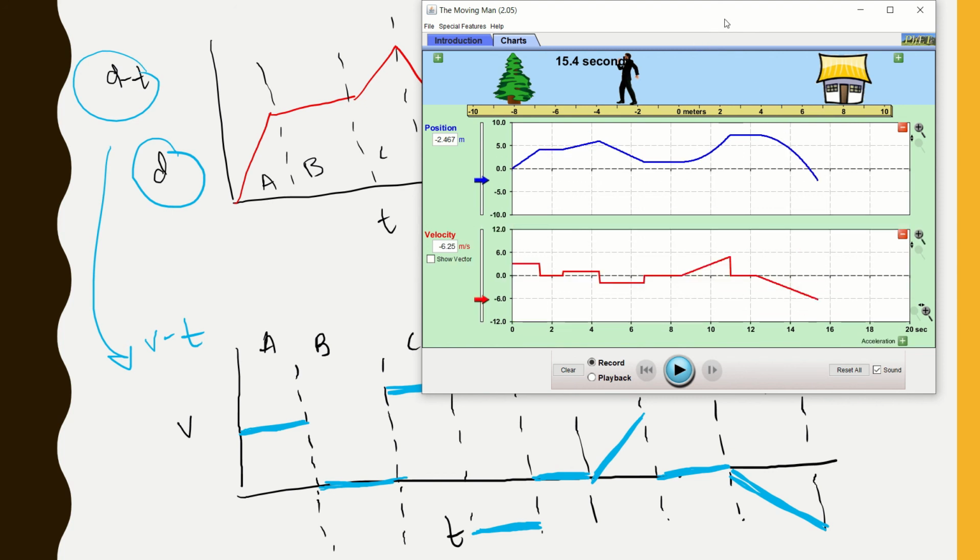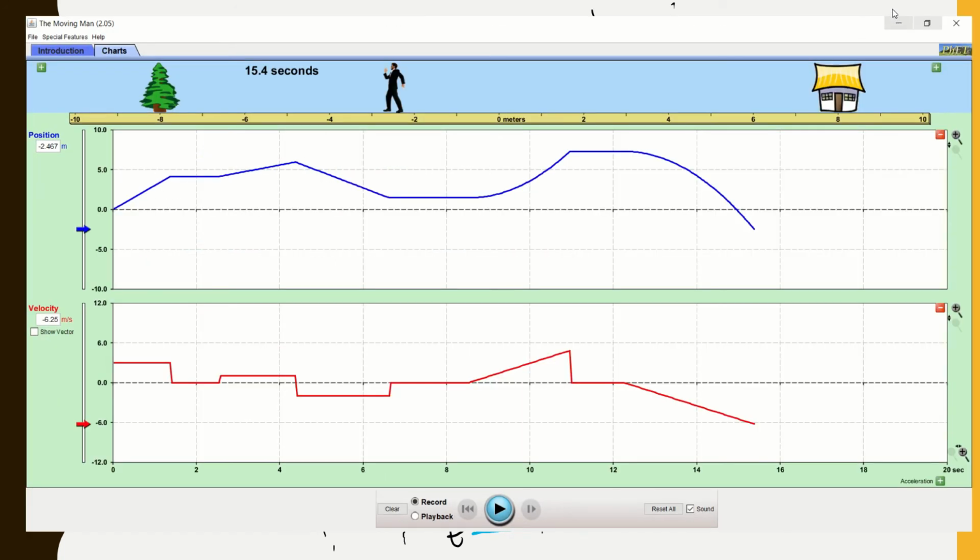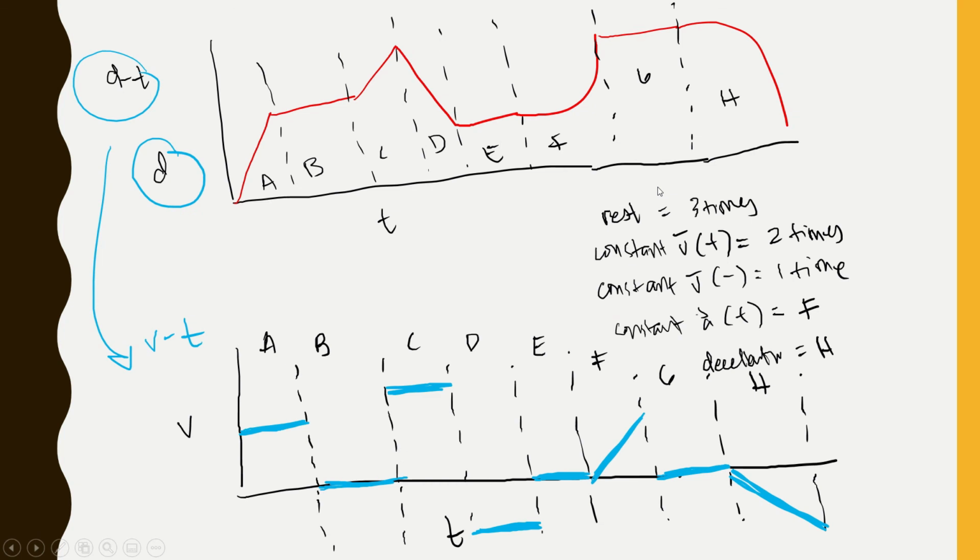Ito lang dalawa. So, it still agrees with the graph that I made you, except for this one, nasa baba pala dapat ito kasi it's a lower value. I assumed na mas mataas siya. Pero you can see, it's still the same because you can represent a distance time graph in terms of a velocity time graph. Okay, so I hope this one is clear.